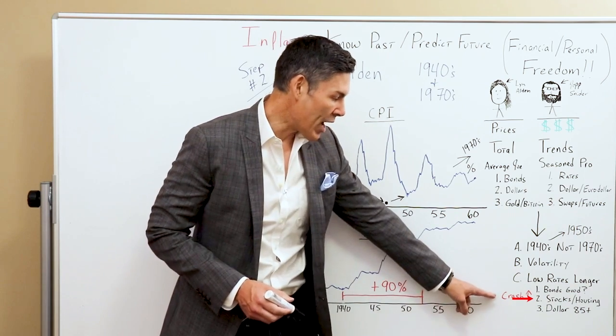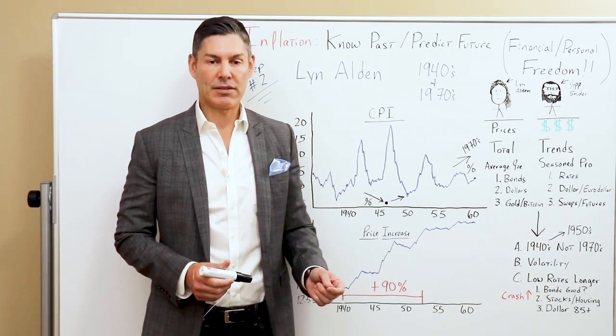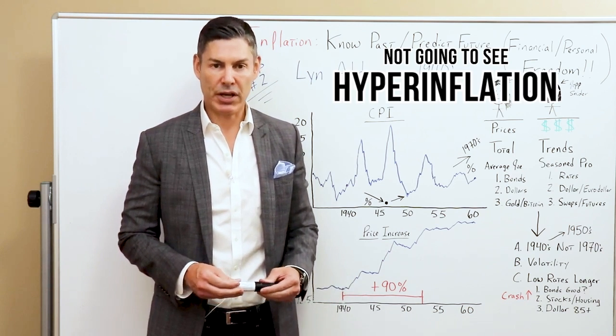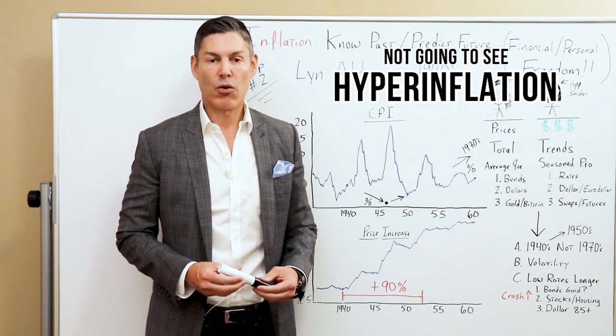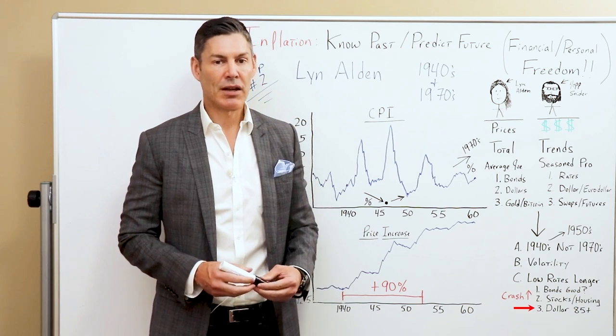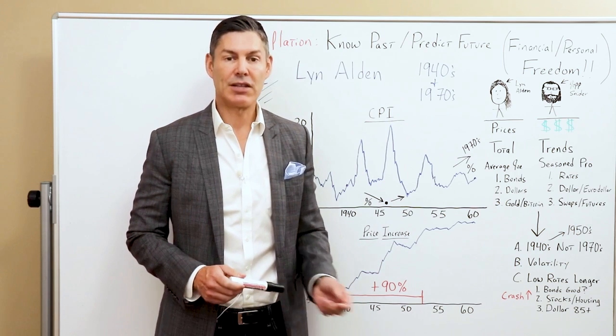Same thing with housing. And then I think the bond market is telling us, rightfully so, that you're not going to see hyperinflation in the United States or with the dollar in the next 2 or 3 years. Most likely kind of in this range between maybe 100 and 85 on the DXY.